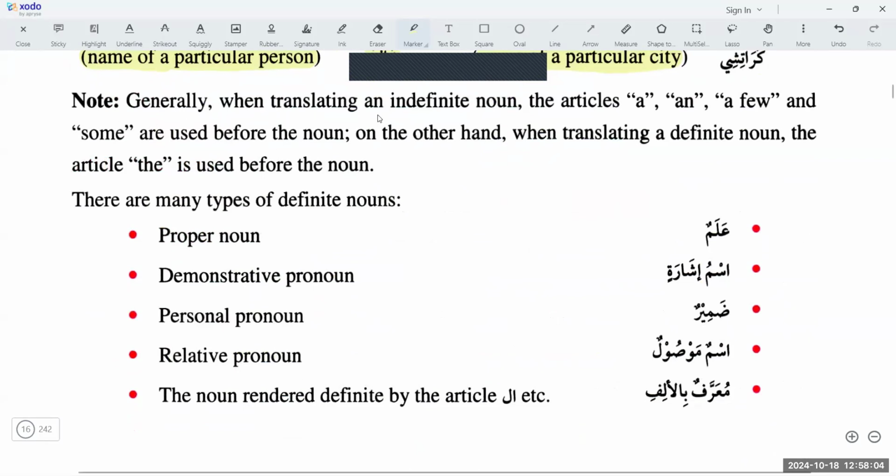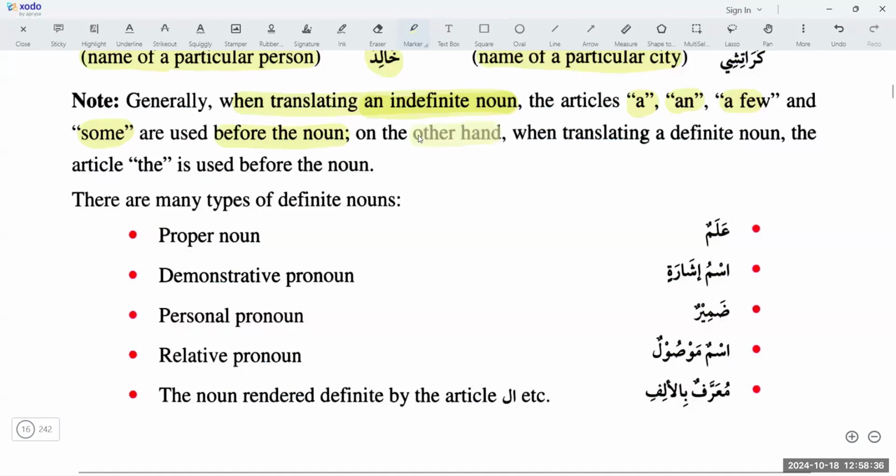Generally, when translating an indefinite noun, ism nakira, the articles a, an, a few, and some are used before the noun.